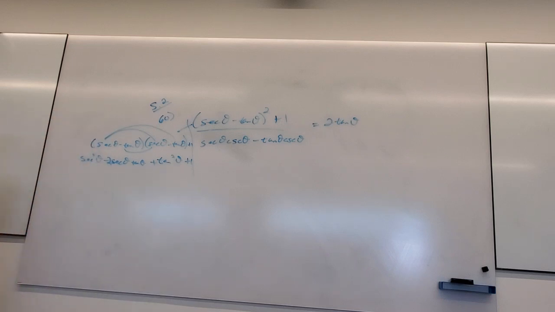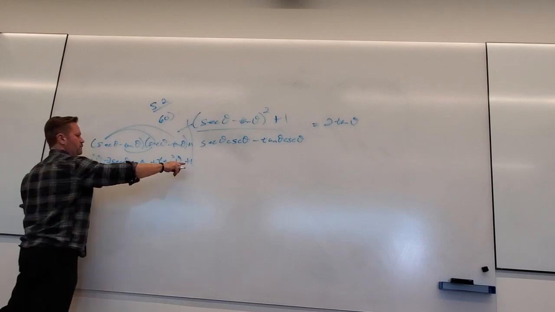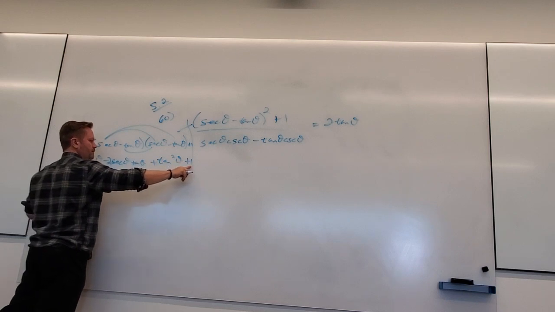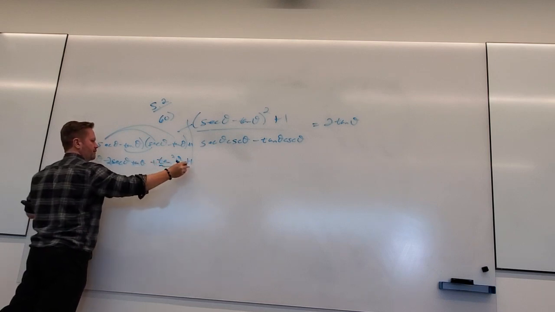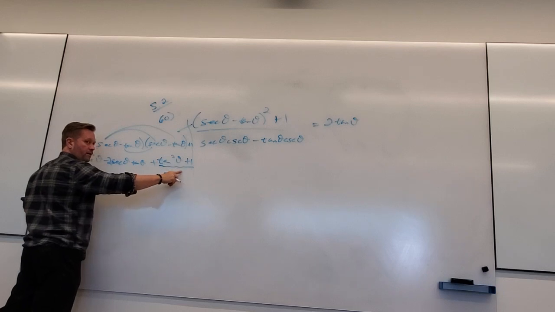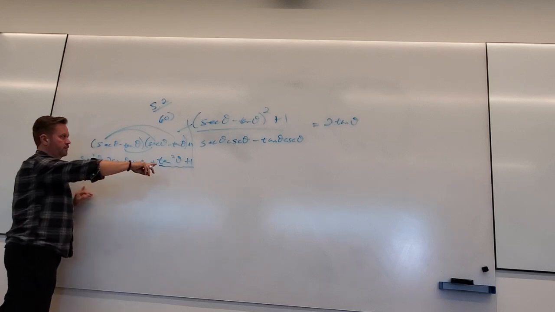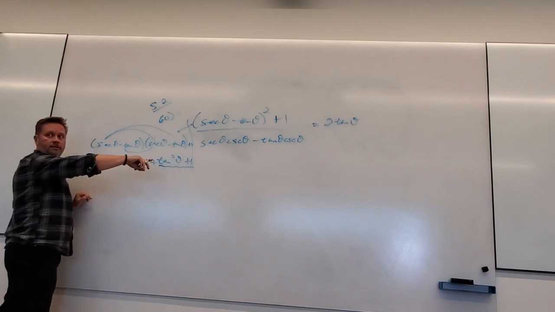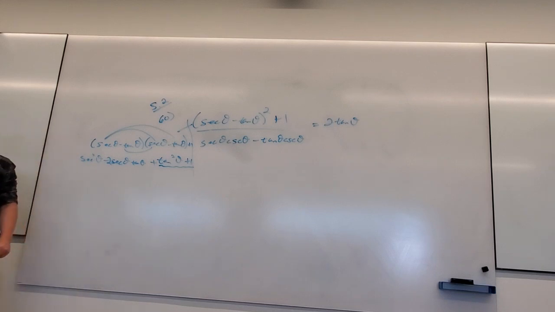Oh boy. What's tangent squared theta plus 1? No, secant. Secant squared theta. Right? You guys with me? Is it secant or cosecant? No? Co stuff goes with co stuff.